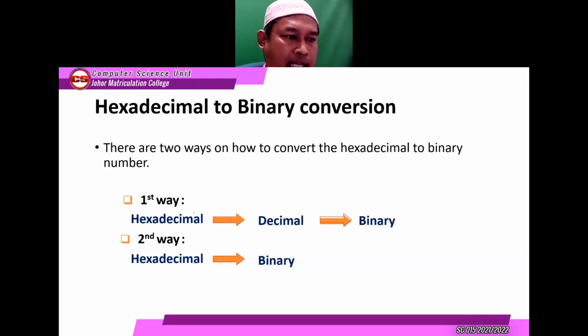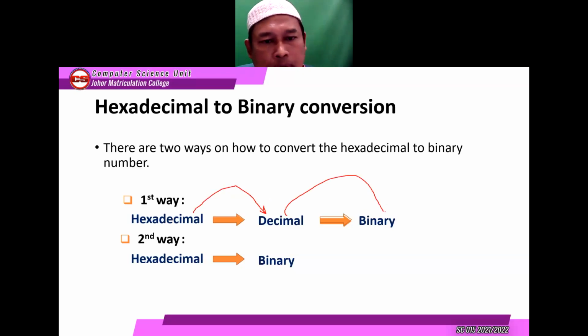First way, hexadecimal is converted to decimal numbers, and from decimal converted to binary numbers. It's a long conversion from hexadecimal numbers to binary numbers. This is the first way. And the second way is directly from hexadecimal numbers to binary numbers. All right.